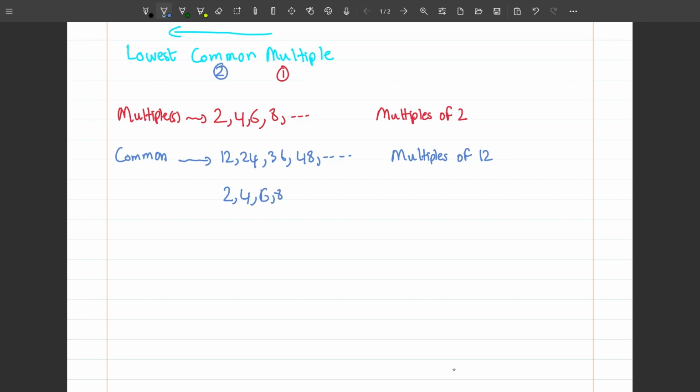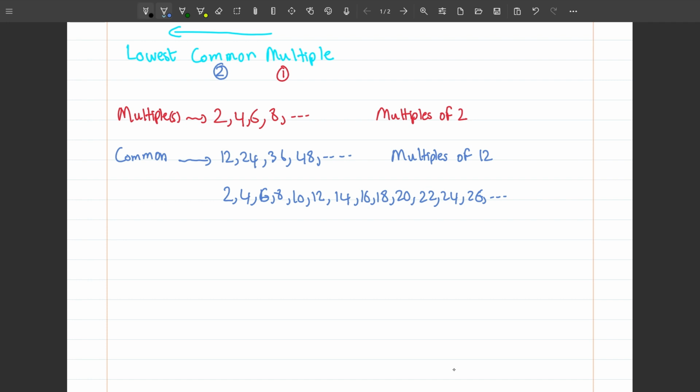So writing again the multiples of 2: 2, 4, 6, 8, 10, 12, 14, 16, 18, 20, 22, 24, 26, and so on. Why did I expand this more than 12?